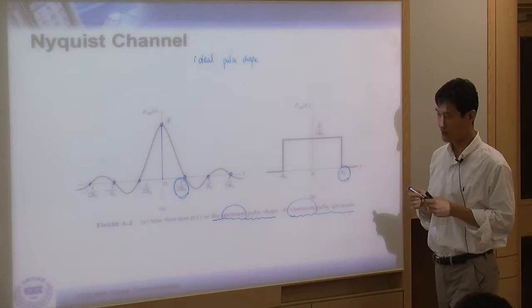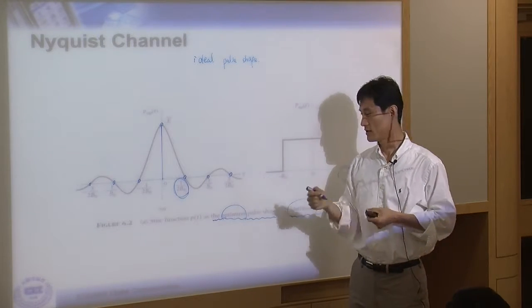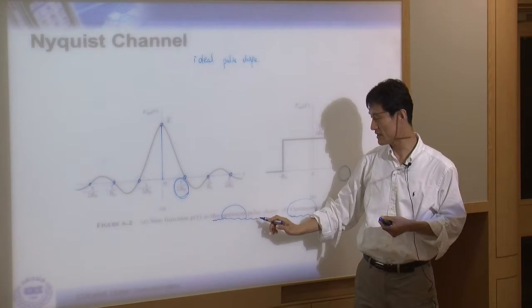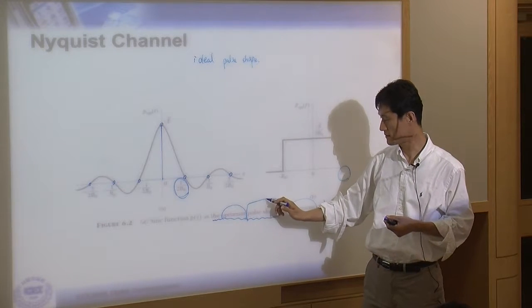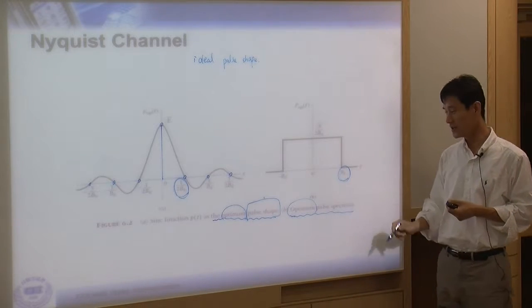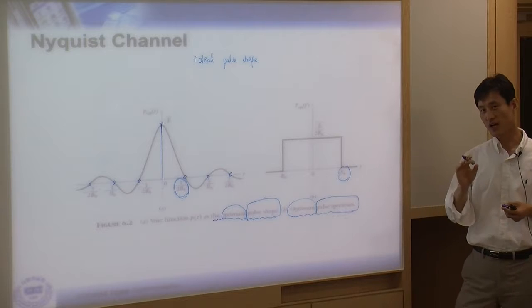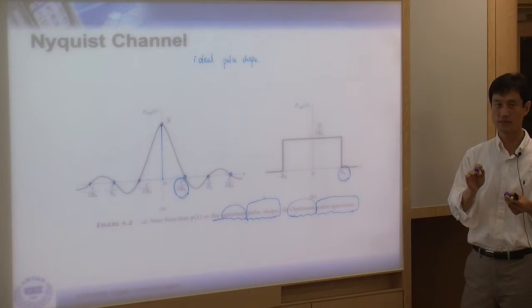Another thing you want to remember is that when you look at the time domain shape, the time domain pulse, you're going to see a pulse shape. In frequency domain, instead, you're going to see a pulse spectrum. Every time you hear spectrum, that means frequency.